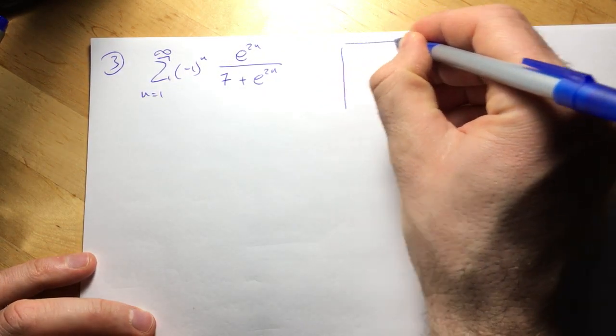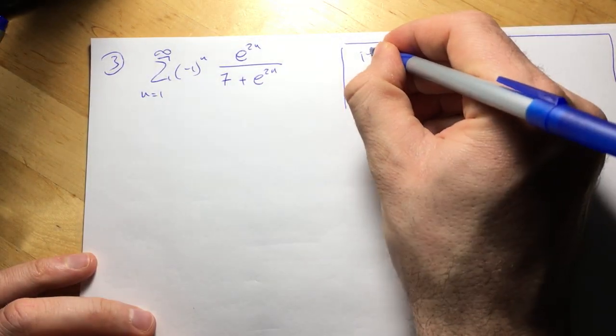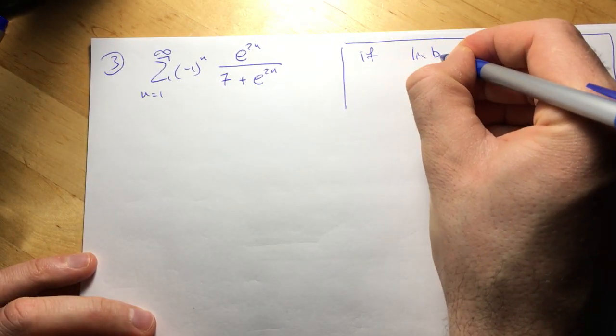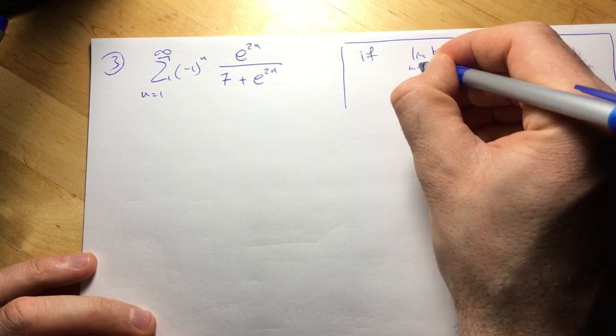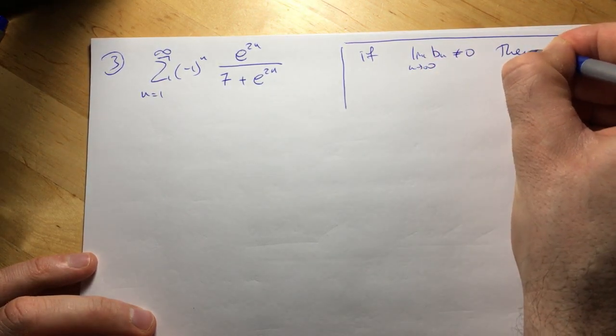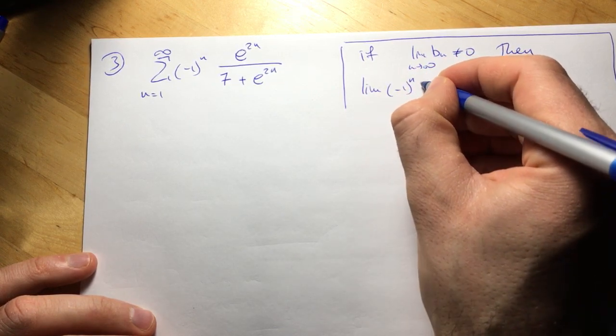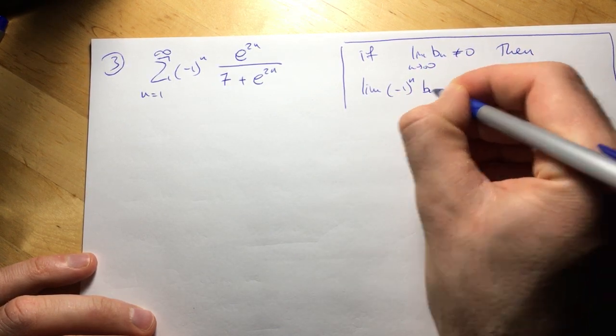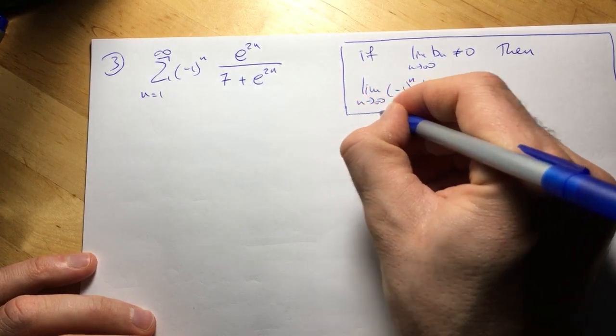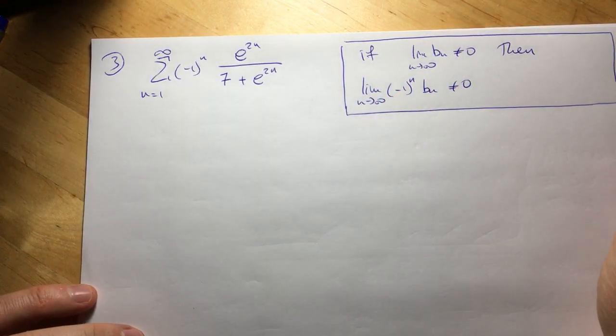And also know that if the limit of Bn is not 0 as n goes to infinity, then the limit of negative 1 to the power n times Bn will also not be equal to 0 as n goes to infinity, right?